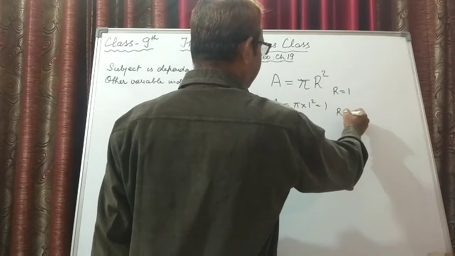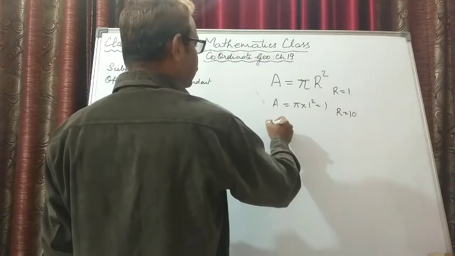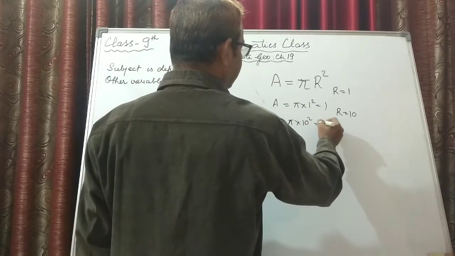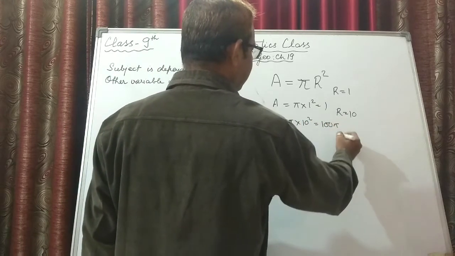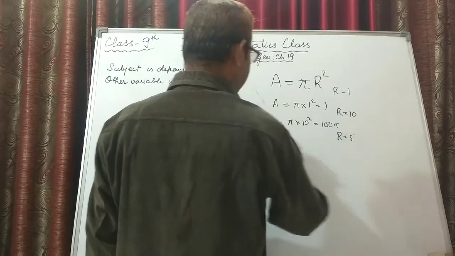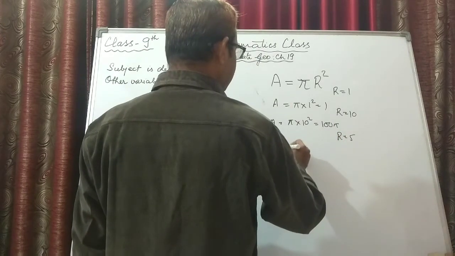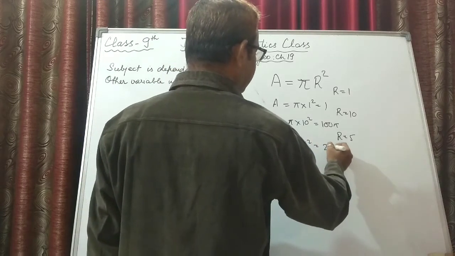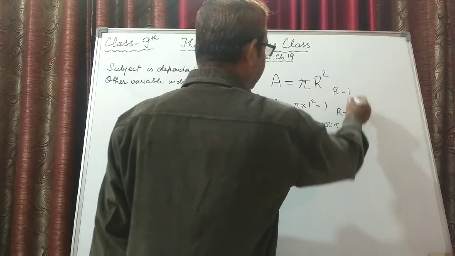Suppose I put r as 10 units or 10 centimeters, so area will be pi into 10 square, that will be 100 pi. Suppose I take r as 5 units, so area will be pi into 5 square, that is 25 pi.